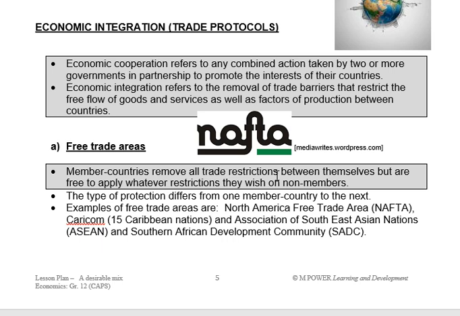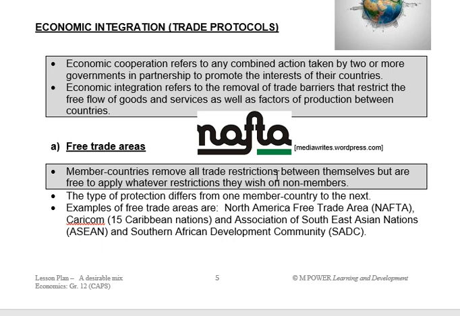So literally all this means is that goods and services will flow freely between the 2 or more member countries, but each member country will decide on their own restrictions on trade when dealing with non-members. Obviously the type of protection will differ from one member country to the next. Just remember, they can't use it against each other. Then there's no free trade area.